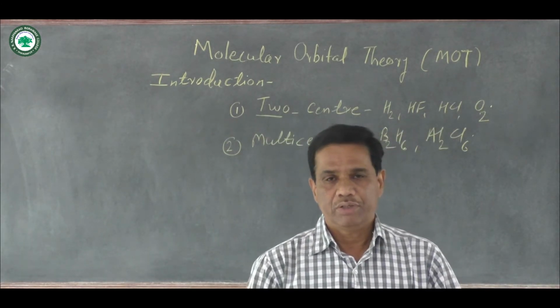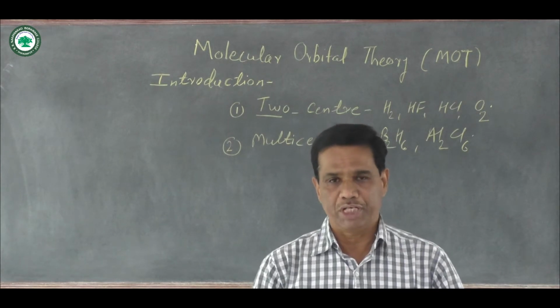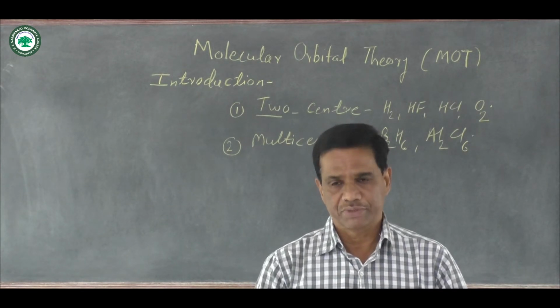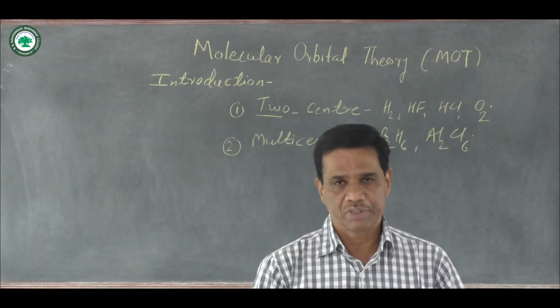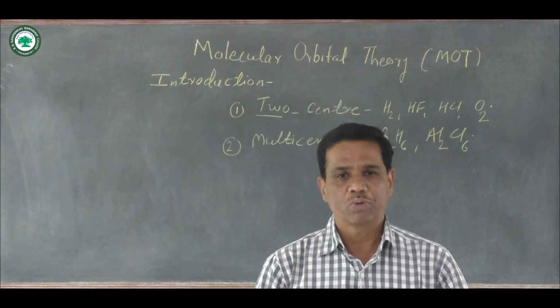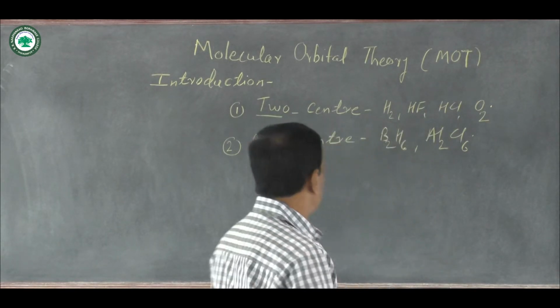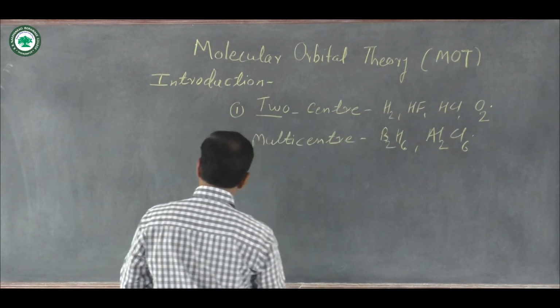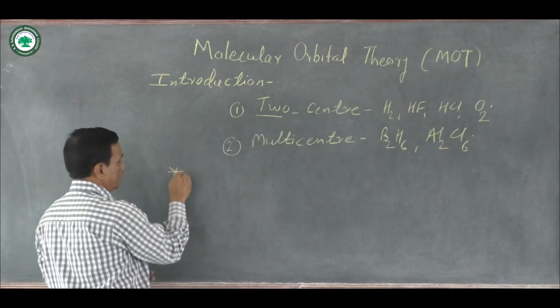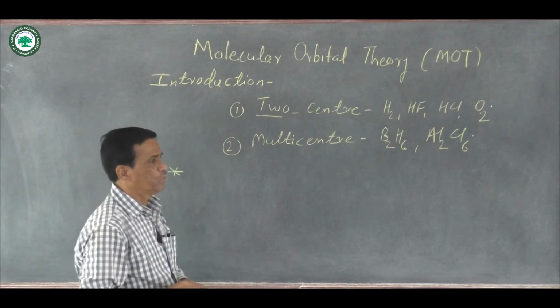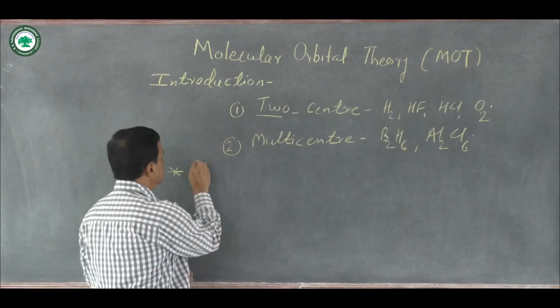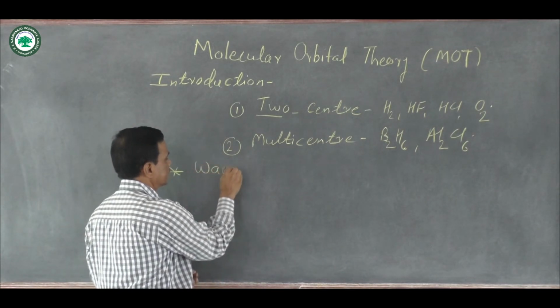You know that when there is equal sharing of electrons from both atoms or a number of atoms, there is a formation of a covalent bond. When a covalent bond is formed, there are two theories for its formation on the basis of wave mechanics.